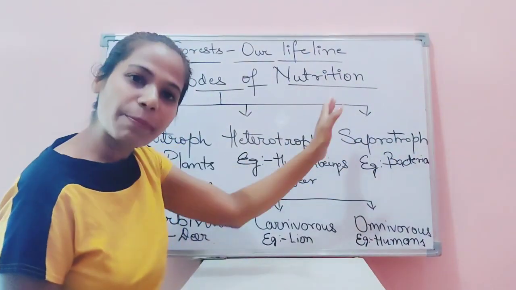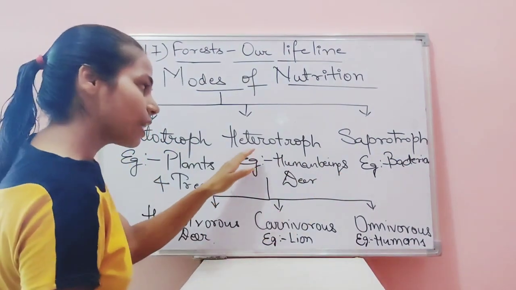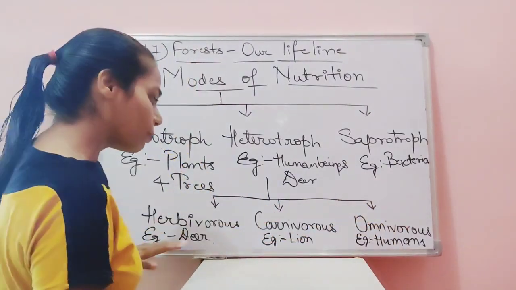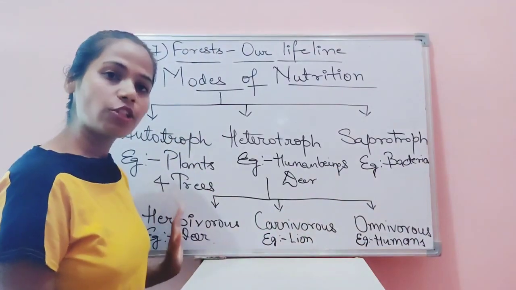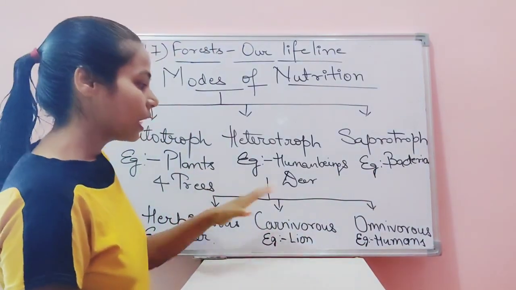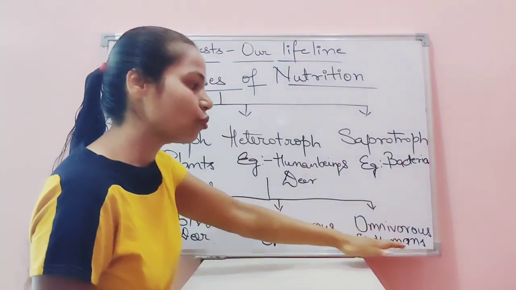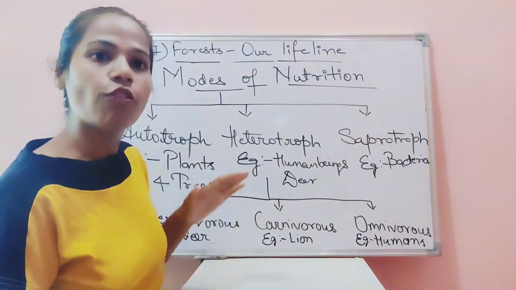Saprotroph is dependent upon dead and decaying matter of organic things. Then heterotrophs are again divided into three main parts: herbivorous, carnivorous, omnivorous. Herbivorous, which eat only plants; carnivorous, which hunt only animals; and omnivorous, which eat both for their intake of food.